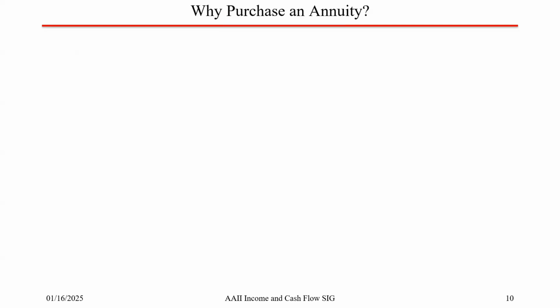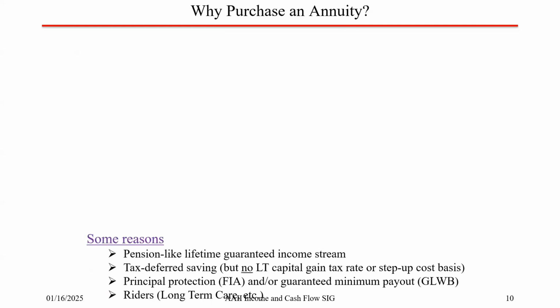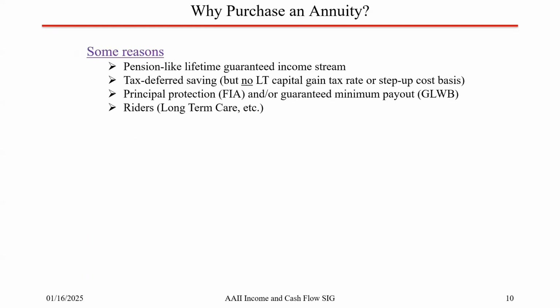So after all this, why do we want to purchase an annuity? Some of the reasons I can think of: you want a pension-like lifetime guaranteed income, or you like the tax-deferred saving. But this one doesn't give you the long-term capital gain, or even better, the step-up in cost basis if you have a long-term holding of an asset.